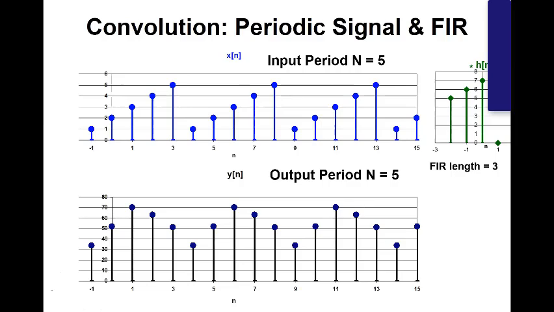This time again, we get a periodic result with 1, 2, 3, 4, 5 samples in its repeat. So again, it changed the shape, but the periodicity and the period were preserved by convolution with this unit sample response. So yes, convolution does have this proper behavior with periodic signals that matches that of a linear time invariant system.